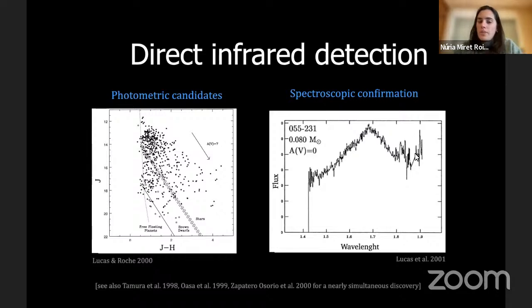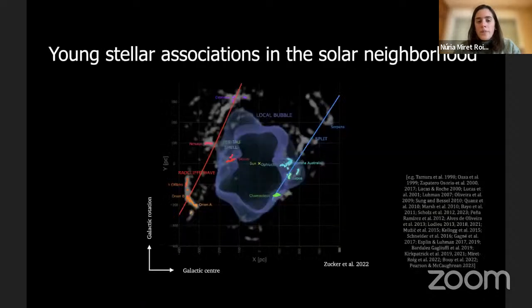And this is a very important test, as I was saying, to confirm objects and discard that they could be more massive objects or even background stars and galaxies that only appear very faint and very red because they are far away and embedded into a molecular cloud. So this is how the first free-floating planets were discovered.